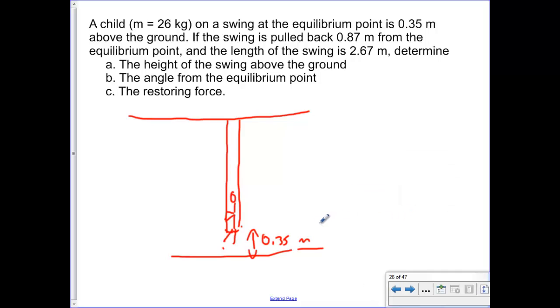Okay, well then I pull her backwards. So I'm going to then pull Keynesian back to here by a distance of 0.87 meters. So that now she's out, I'm going to exaggerate this a little bit, but now she is out here. I don't know that I can draw this very well. And so she's been pulled back here.